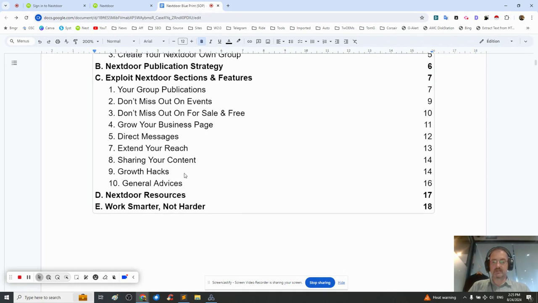And I'll add also some Nextdoor resources. Most of the people don't know where to look to know the do's and don'ts of Nextdoor, to avoid being banned should you make a mistake and post the wrong publication or not have the appropriate tone. I'll give you also some hacks, and that's part of the services I offer, on how to scale geographically.